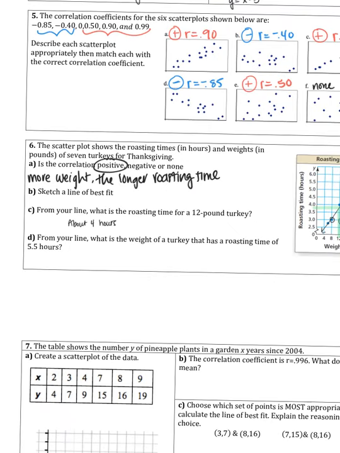It says, question D, from your line, what is the weight of a turkey that has a roasting time of 5.5 hours? So we can read over on our graph and estimate for 5.5 hours.